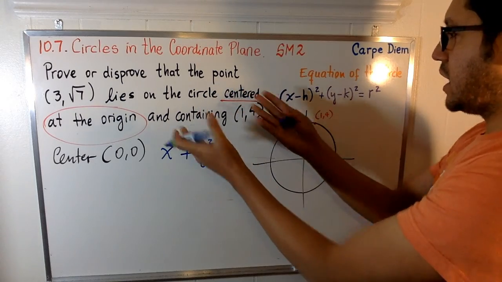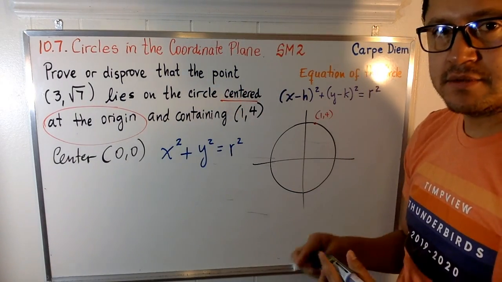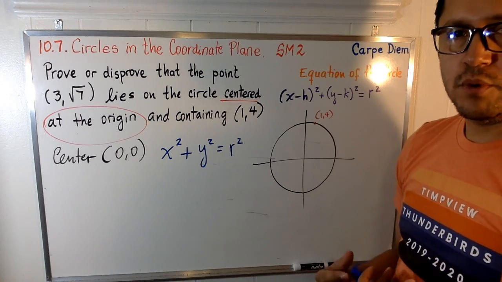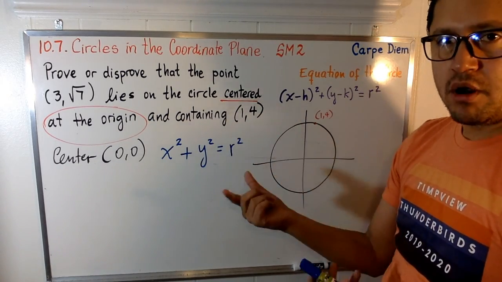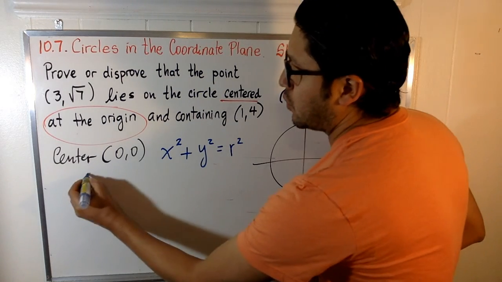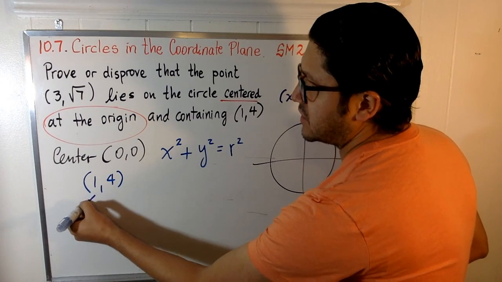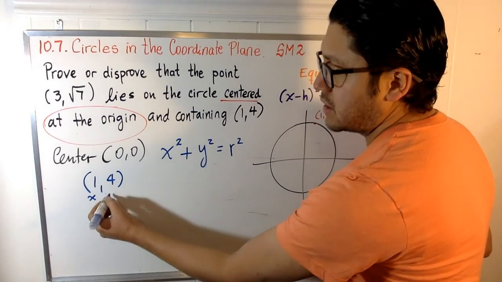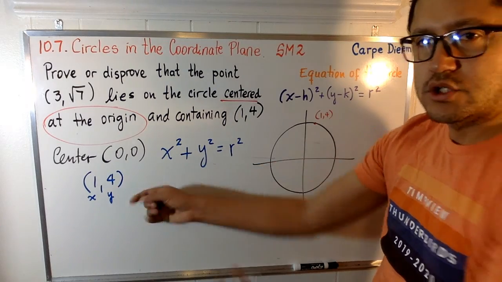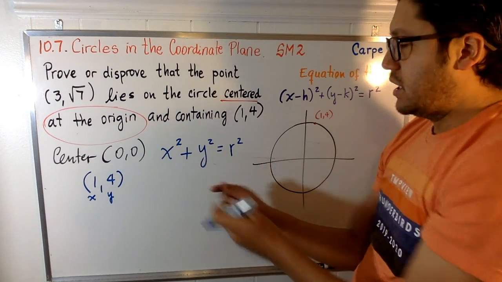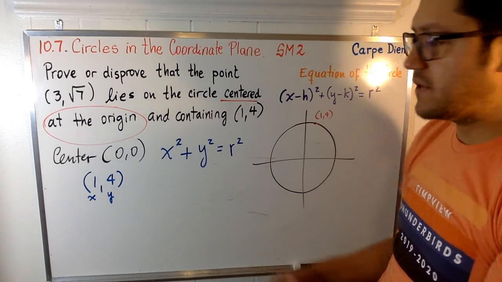We don't, it's not given, so we keep it indicated, but we can find it because we know that point (1, 4) is part of the circle. So for this input x, the output y is 4. We can plug those in here, and we will only have r left, and we can actually find it.